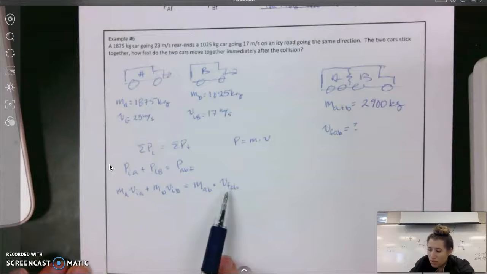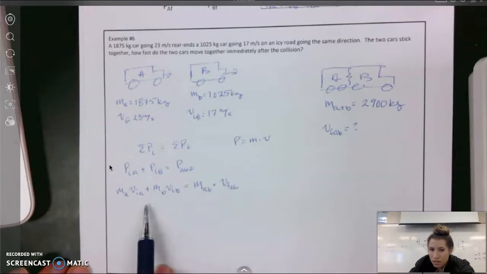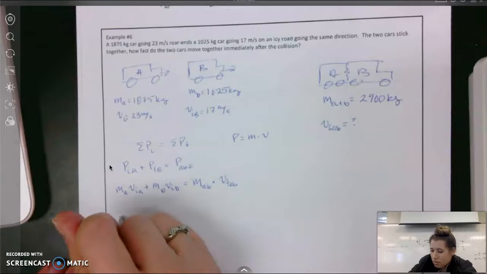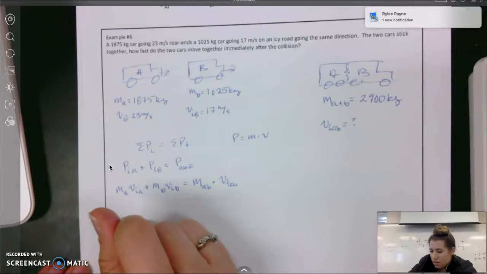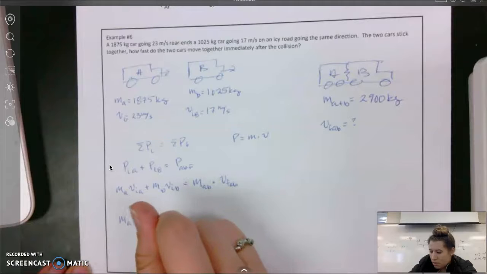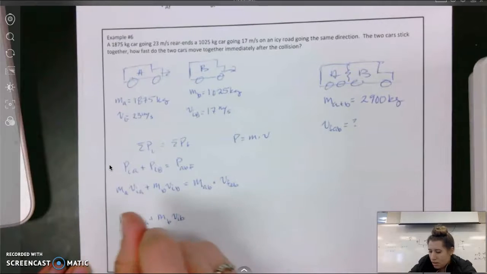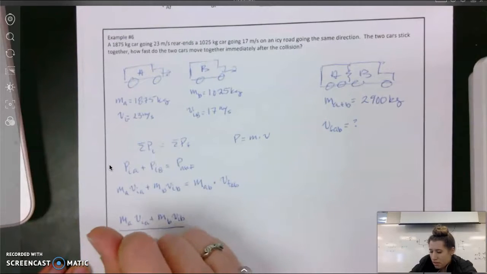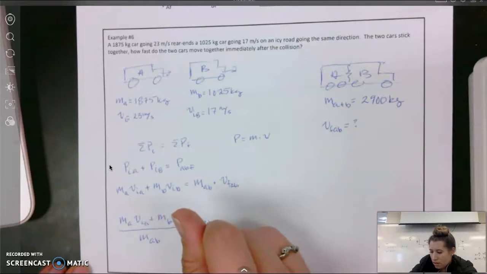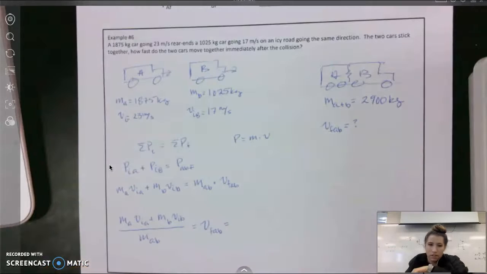This is what we're solving for. We know everything else. Multiplied, so let's divide that over. So mass of A, velocity initial of A, plus mass of B, velocity initial of B, divided by the mass of AB will equal that final velocity of the combined stuck together items.